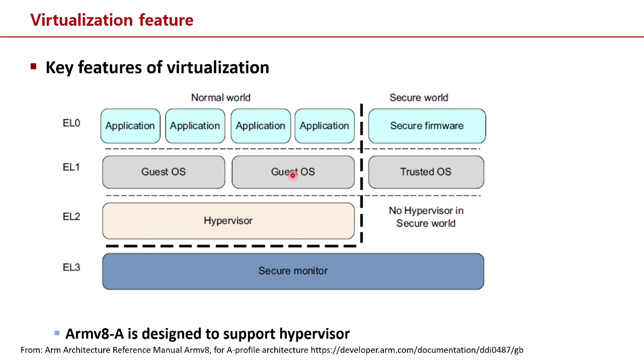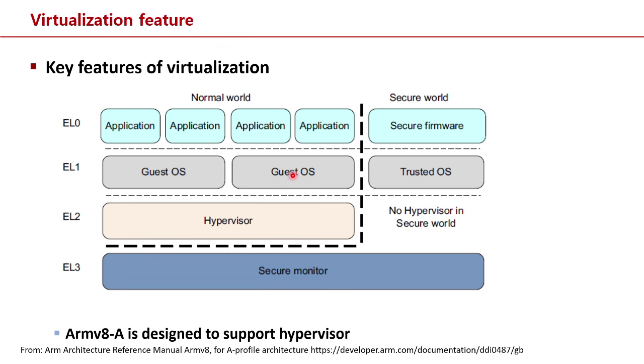Another virtualization feature in ARM architecture is virtual CPU, virtual interrupt, and virtual memory-based I/O. Those three components are the key part of virtualization in ARM version 8 architecture.